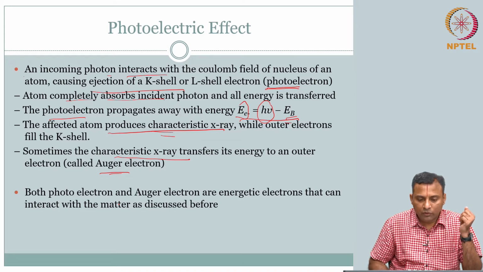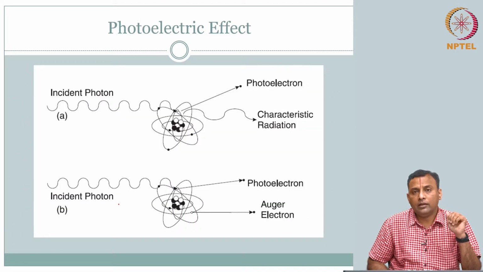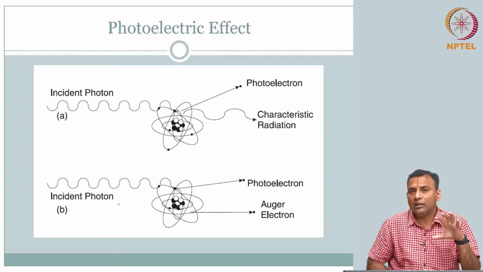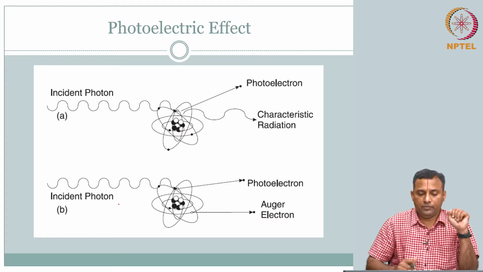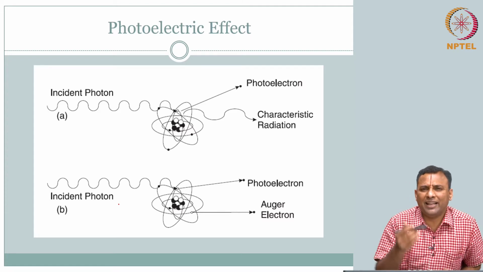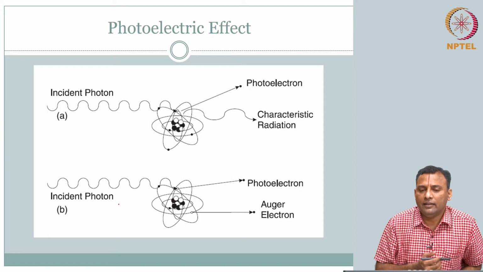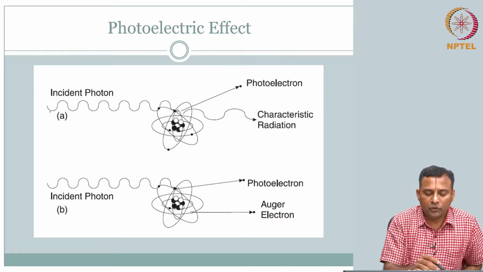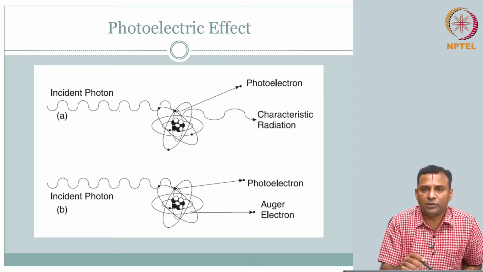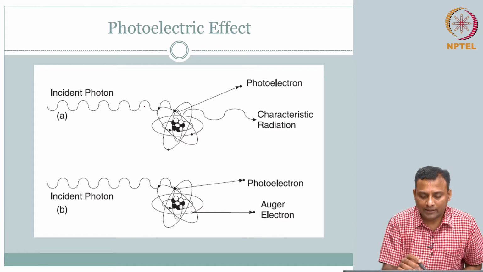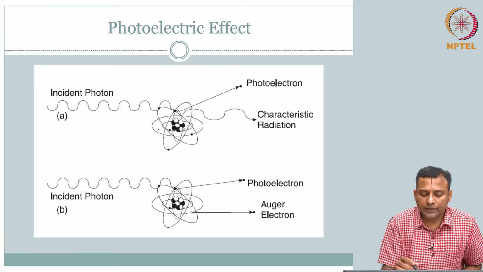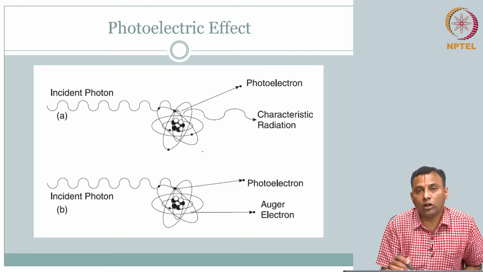So, now photoelectric effect seems to make sense. Let us just complete it with a picture. This is kind of a review; text sometimes might be boring, so just quickly to review. You have an incident photon h mu, with some energy in the X-ray range. This is your nucleus and this is your electron cloud.